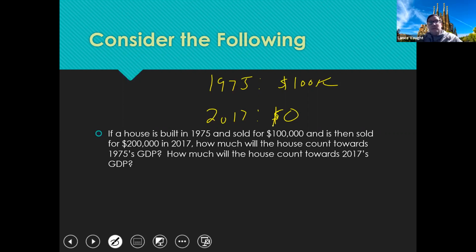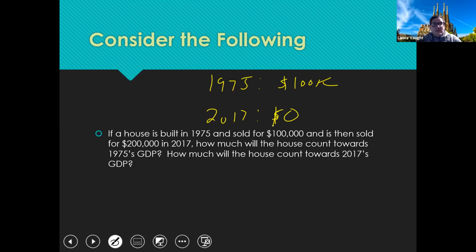Now, if the value of the home went up because we renovated the house, that's different. If this house goes up by $100,000 just because of where it is and inflation, no contribution to GDP. But if you renovated the house, you put $30,000 worth of renovations into the house, and it sells for the $200,000, then the value to the year of GDP in which you sold it would actually be the $100,000 in improved value that was created from the $30,000 worth of renovations.